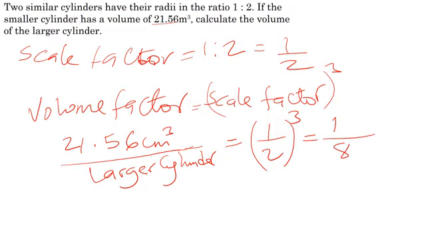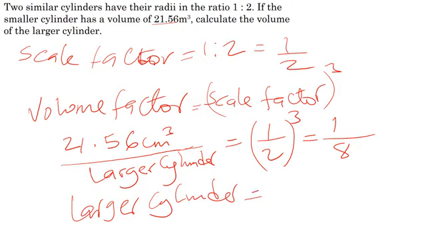All right, so you just cross multiply: larger cylinder times 1, that's just larger cylinder, should be equal to 21.56 centimeter cubed multiplied by 8.